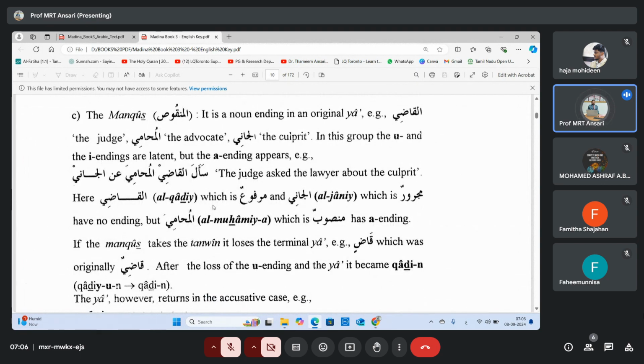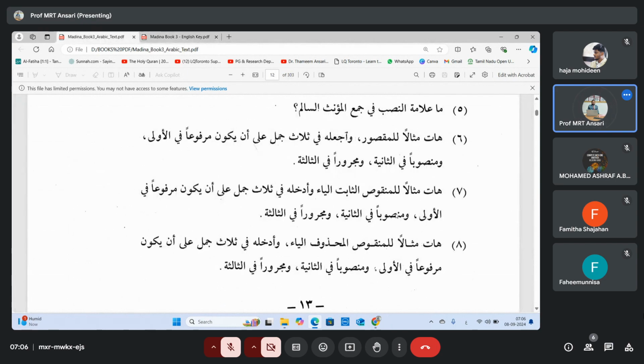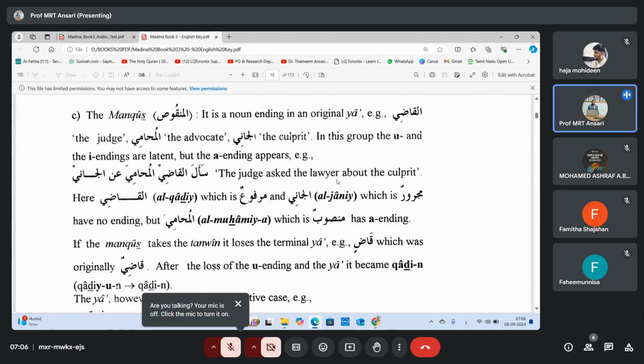The manqus is a noun ending in an original ya, as we say al-ya at-thabit, the original ya. Example: al-qadi, the judge, al-muhami, the advocate, al-jani, the culprit. In this group, the marfu and majrur endings are latent. It is taqdiri. But the mansub ending, the a ending, appears.